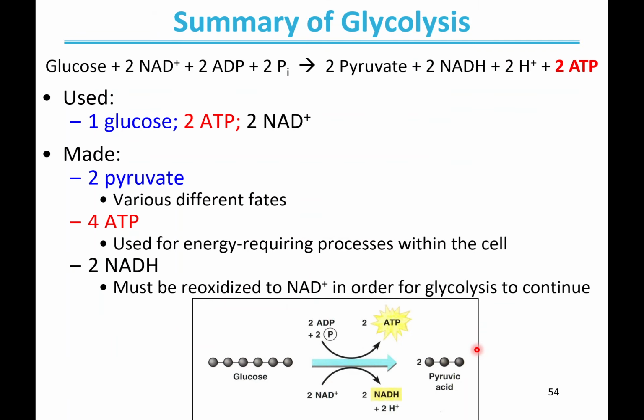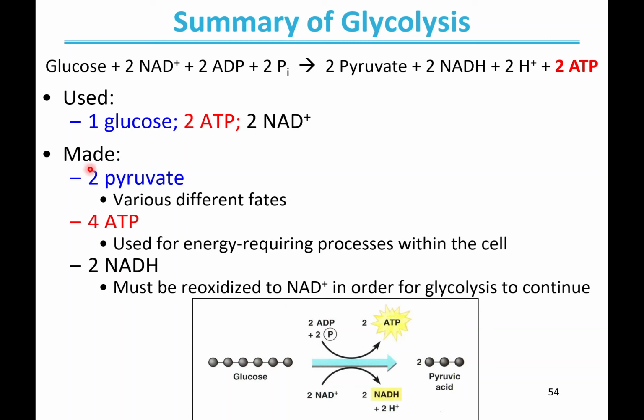Okay, so a summary of glycolysis. In glycolysis, what do you use? So you use one glucose. You have to use two ATPs in the preparatory phase, and you have to provide two NAD pluses for, what was that, step 6. Okay. What do you make from glycolysis? Well, you make a total of 2 pyruvates.